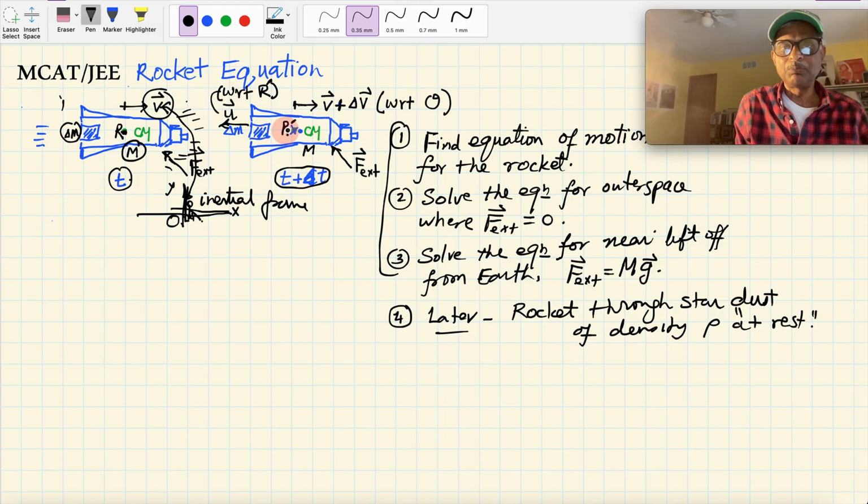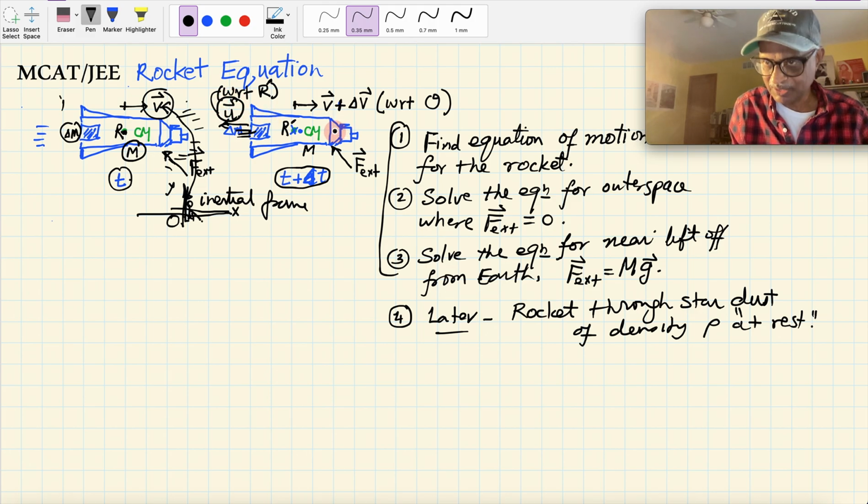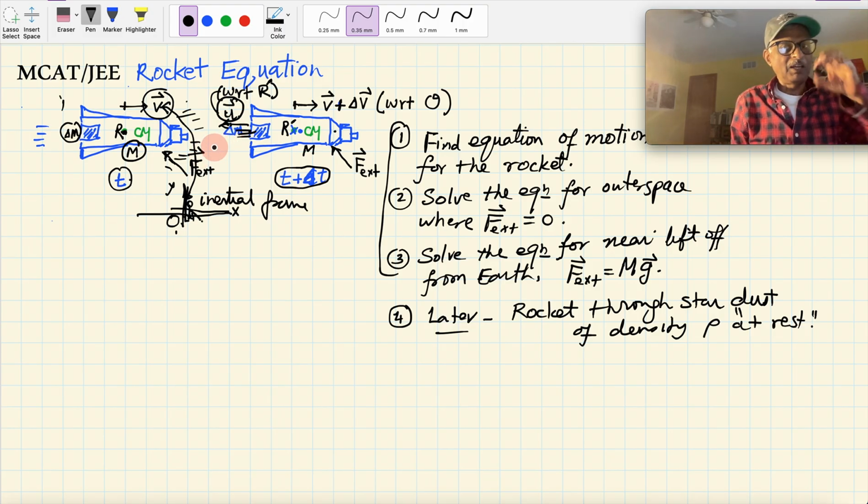Now when the rocket is moving, it's going to eject the fuel, and I'll give you u with respect to the rocket itself. So this u is not with respect to this frame; it's going back from the rocket. When I'm in the rocket, what I will see is this u.